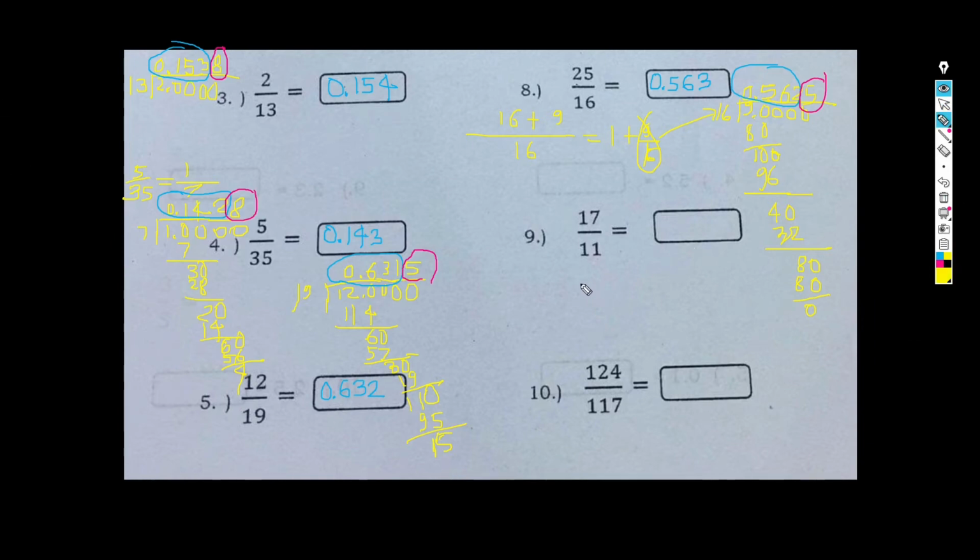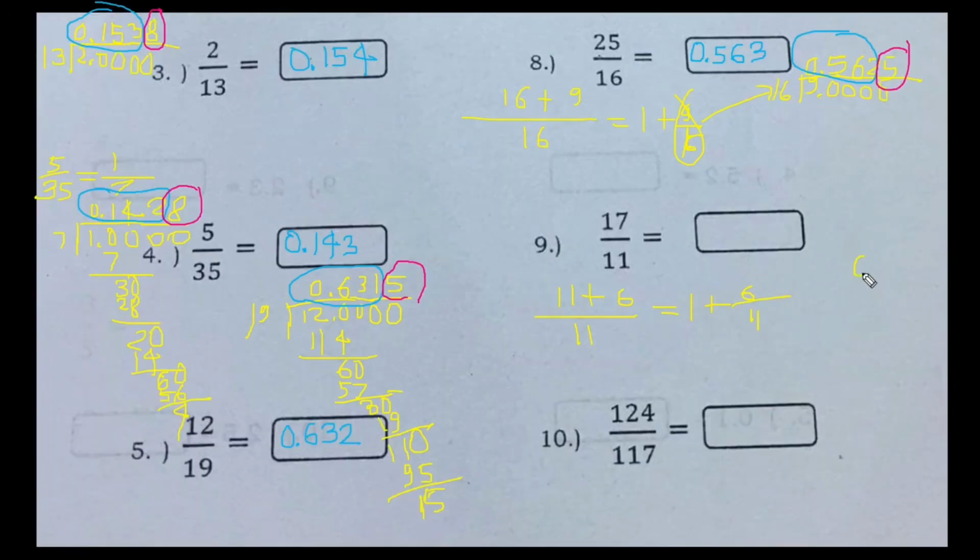For number 9, 17 and 11, so this is just 17 plus 6 over 11. So this is just 1, and then 6 plus 6 over 11. 6 over 11, 6 and 11, right?